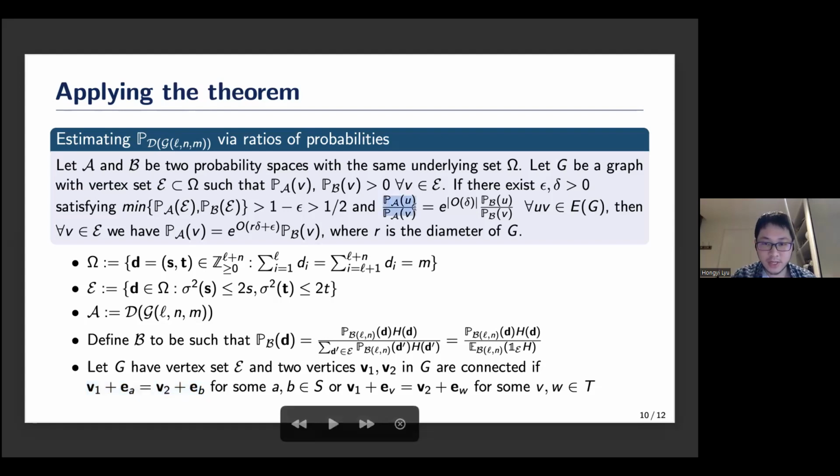And so this ratio here becomes the ratio of probabilities of adjacent degree sequences. And that's exactly how we define the ratio R. And because we have already obtained some very good estimate for the ratios, the conditions of this probability theorem can be satisfied, and thus yield the desired asymptotic formula for the probabilities in these two spaces.